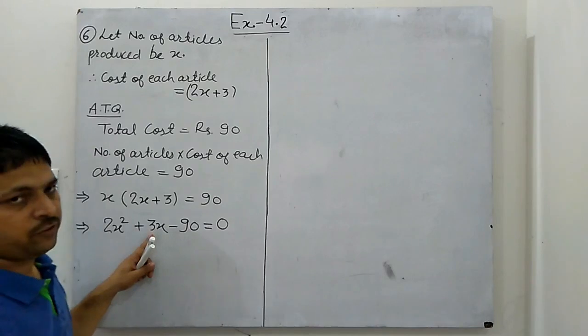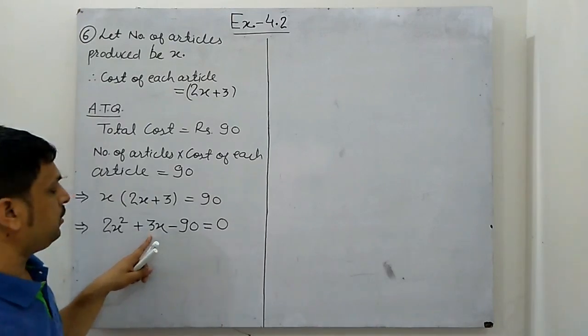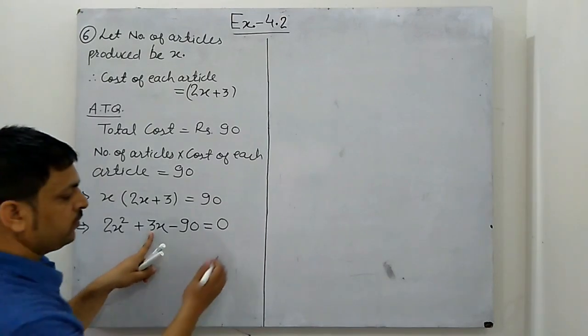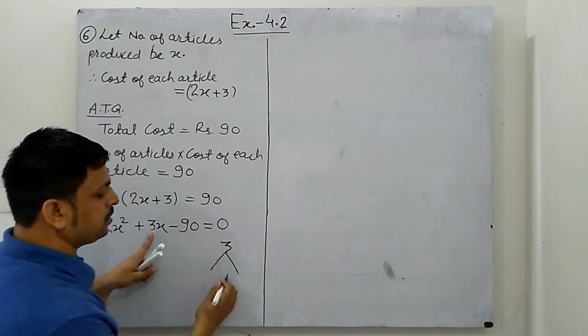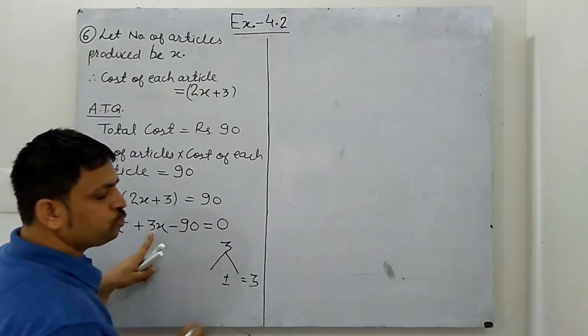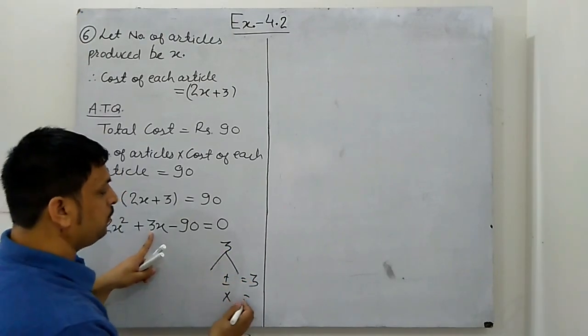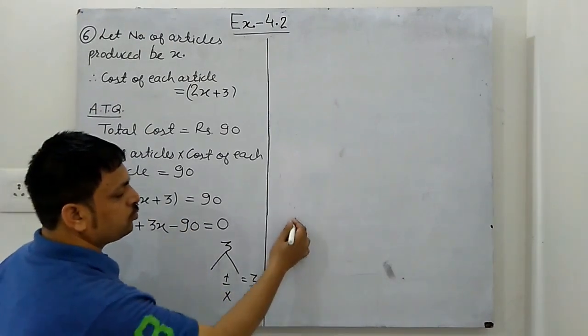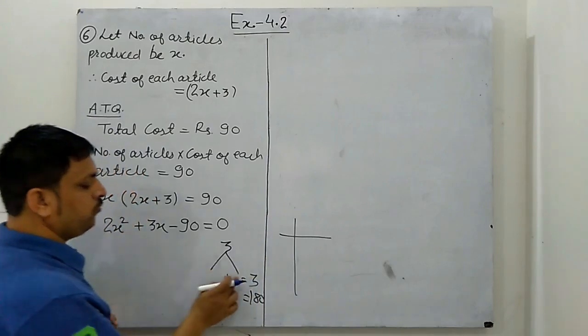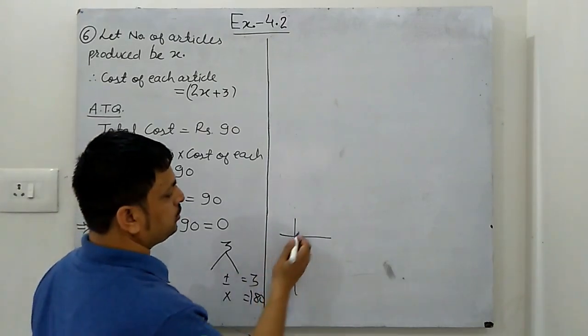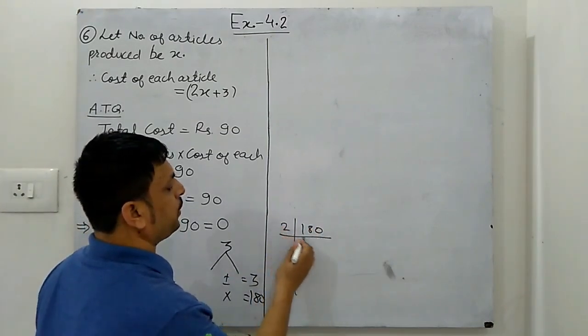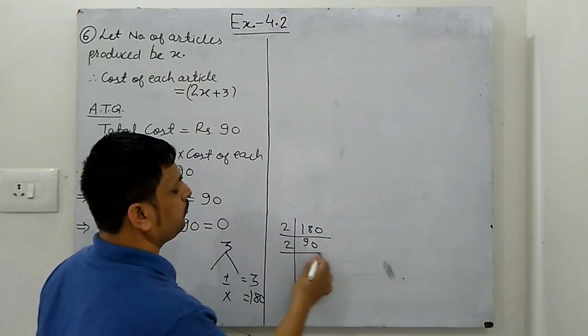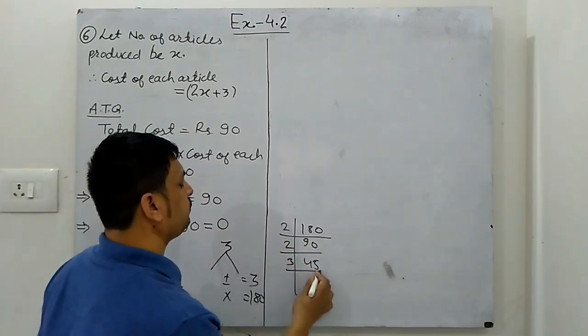Now we have to solve it. We will use the splitting the middle term method. So we have to split the 3 so that the difference should be 3, but the product should be 90 into 2, that is 180. If you don't know which two numbers, we can find prime factors of 180.